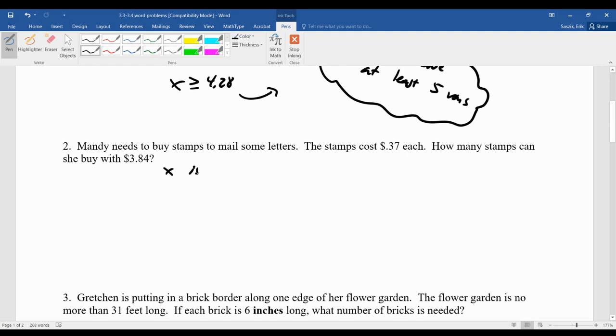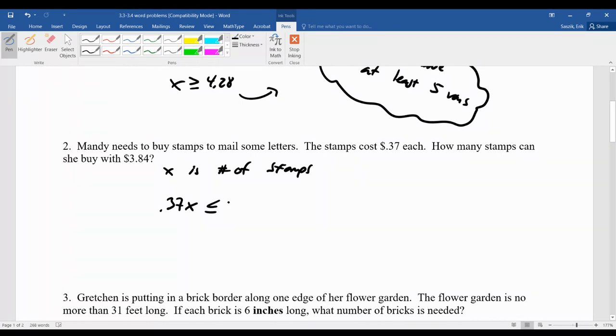Here X is number of stamps. And this one's kind of straightforward. It's kind of like the flat cost stuff that we've talked about before. Stamps cost 37 cents. So 0.37x.